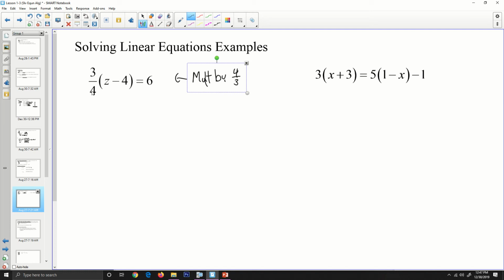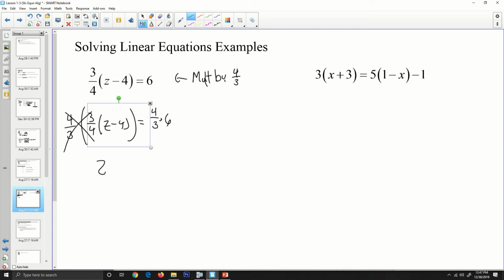So I'm going to go 4 over 3 times the quantity 3 over 4 z minus 4, and then multiply the other side by 4 over 3 times the 6. These two will cancel. That'll leave me just z minus 4, which is good.